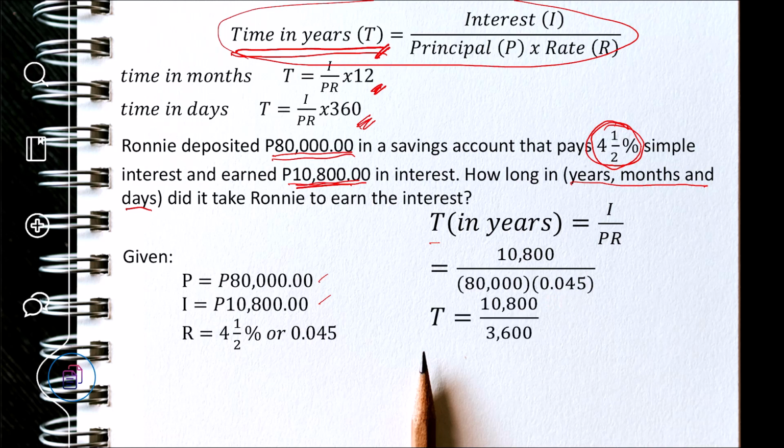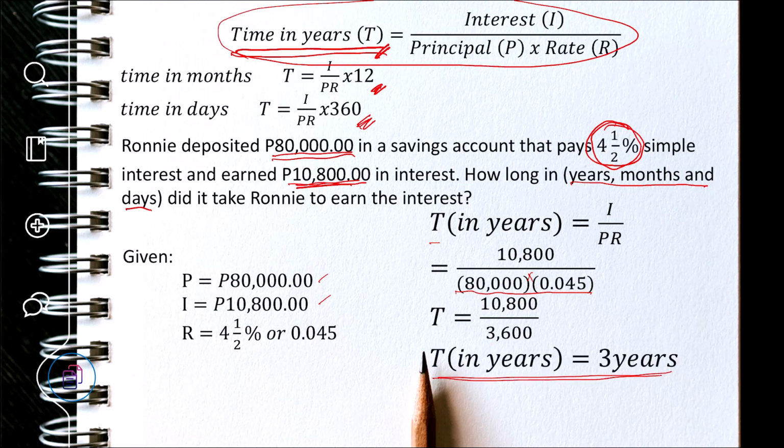Multiply lang natin to and then divide na natin yung dalawa. Multiply ko muna yung nasa denominator. That is 80,000 times 0.045, that is 3,600. Then, 10,800 over 3,600 is 3 years. Ayan po yung nakuha natin.